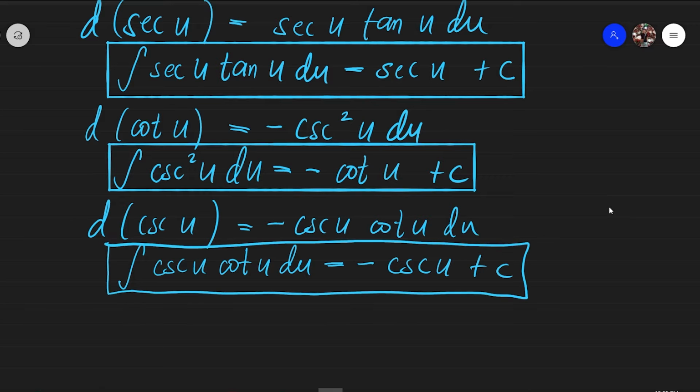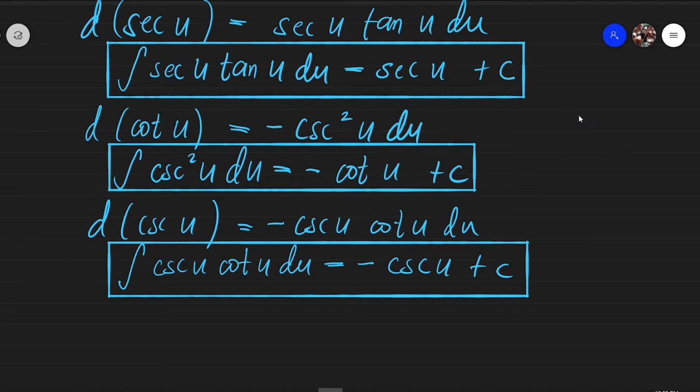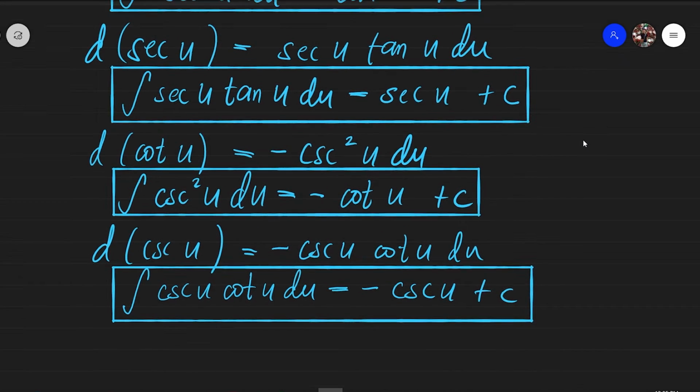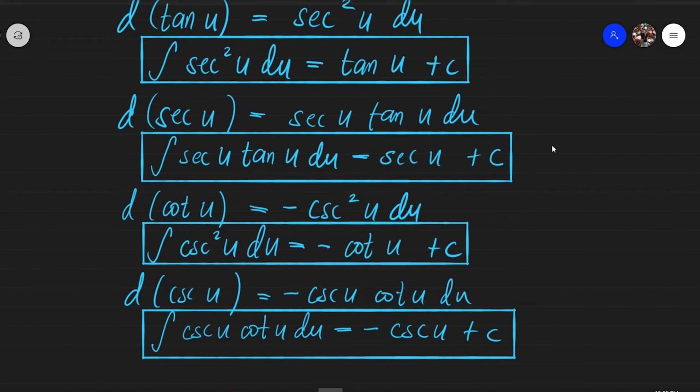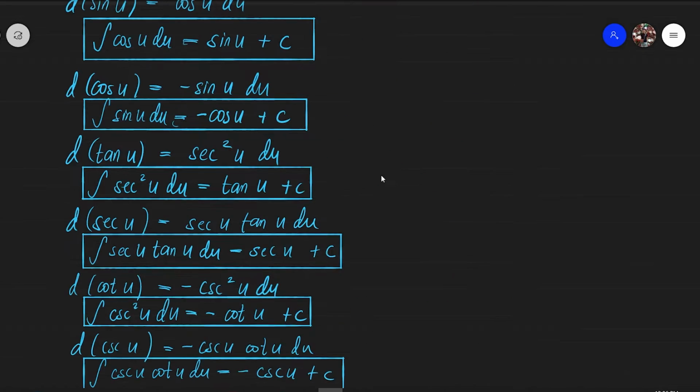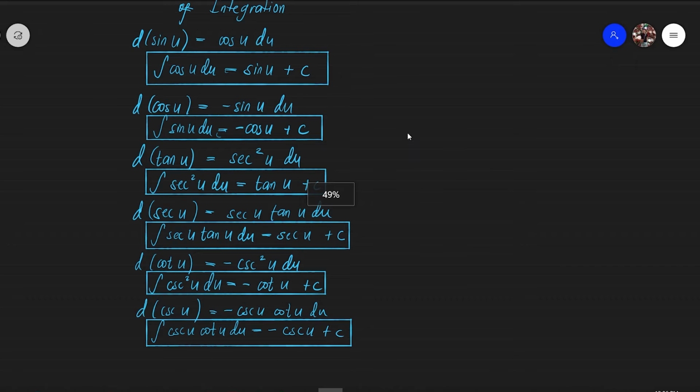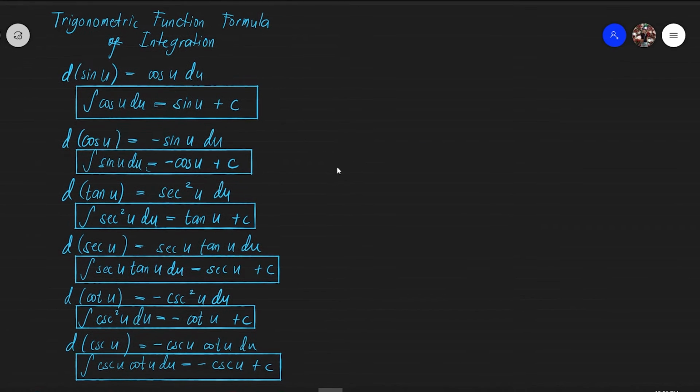So these are the six trigonometric function formulas of integration derived based on the derivatives of the six trigonometric functions. And that's how you derive them.